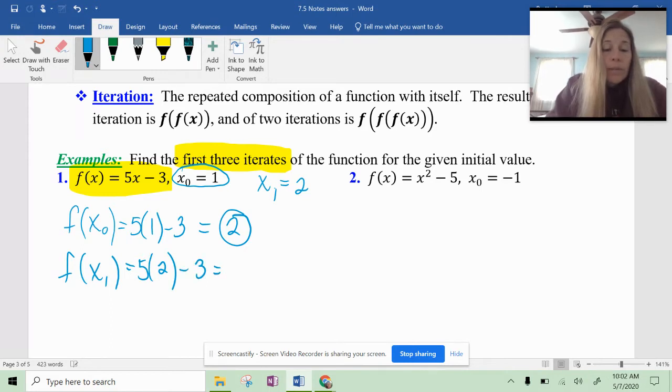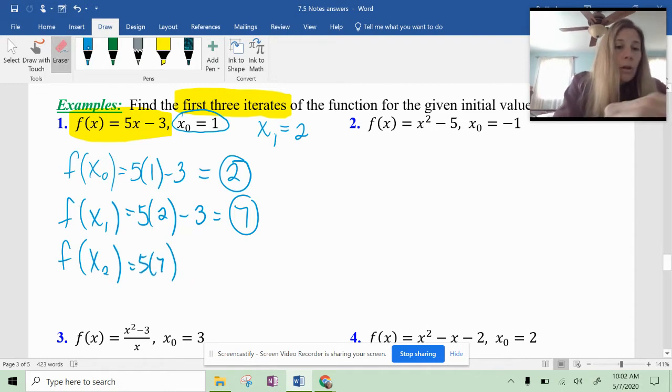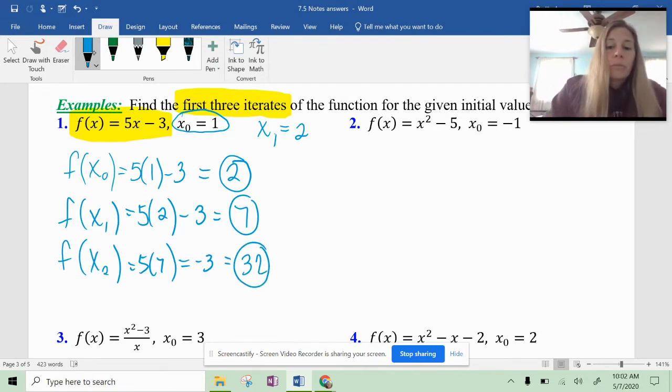So 5 times 2 is 10, and 10 minus 3 is 7. That's my second iterate. And then if I want to do that one more time to find the third one, 5 times 7 minus 3, we have 35 minus 3, which is 32. So our first three iterates would be 2, 7, and 32.